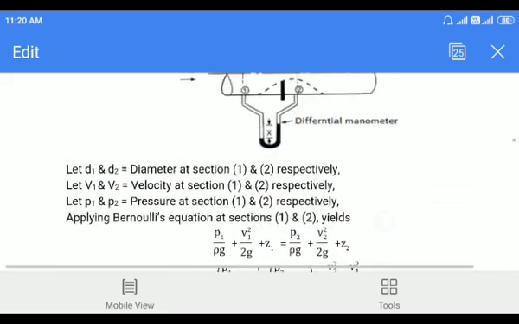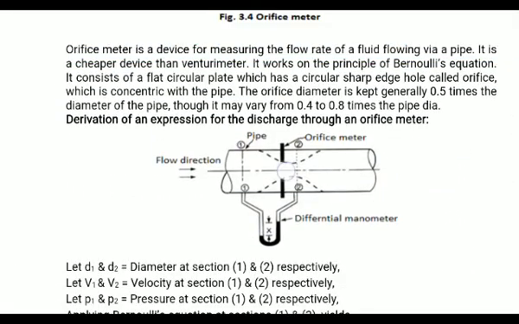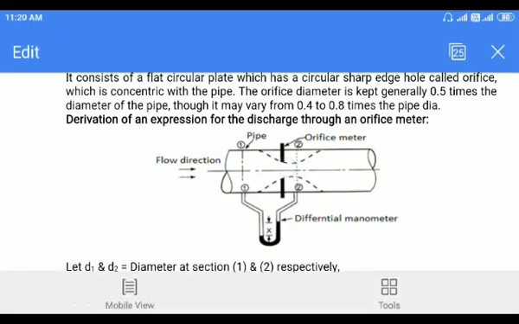Contraction means this narrow area here, because when the water flows you can see the cross section slowly reducing; this point is called the contraction.